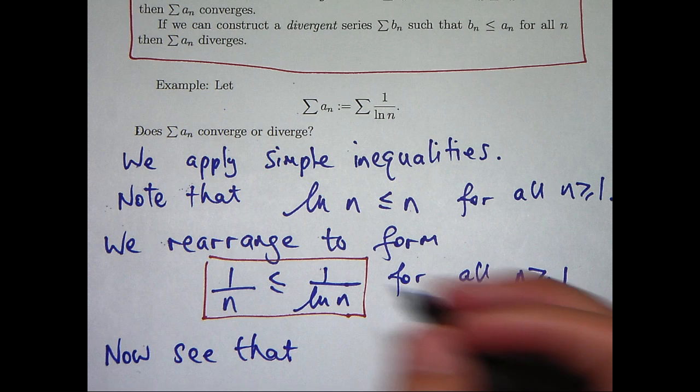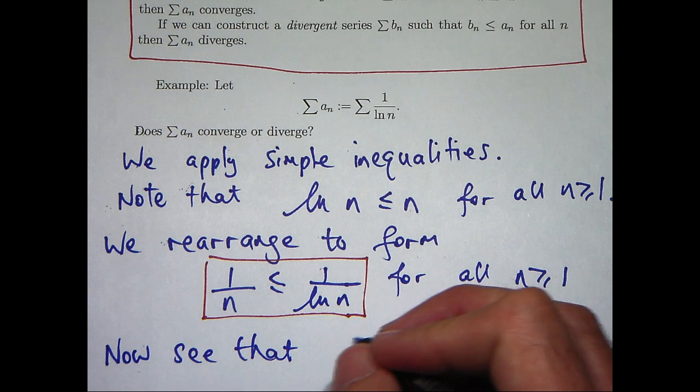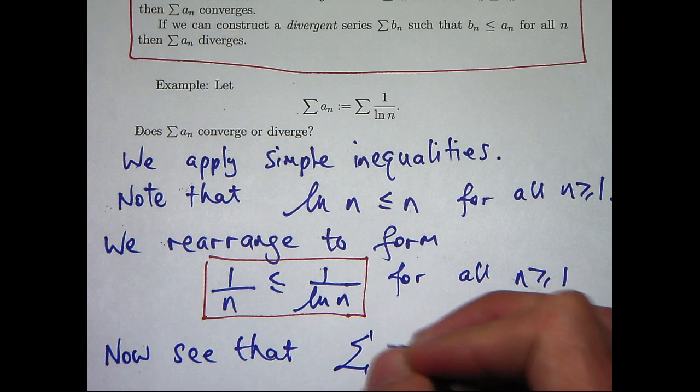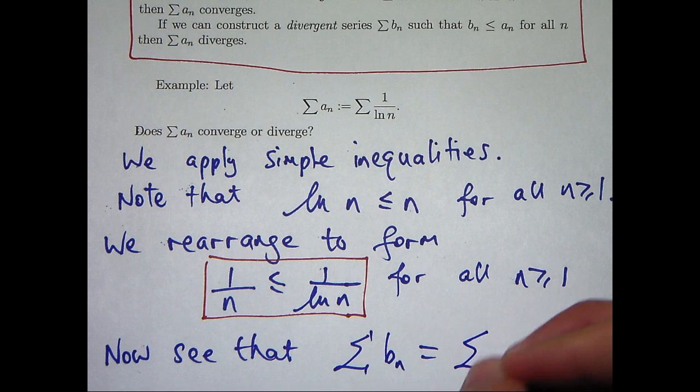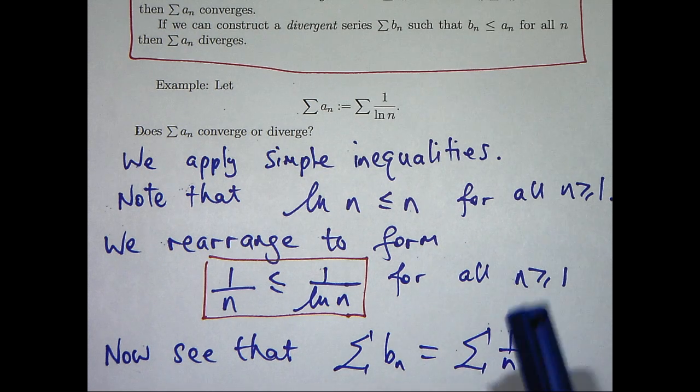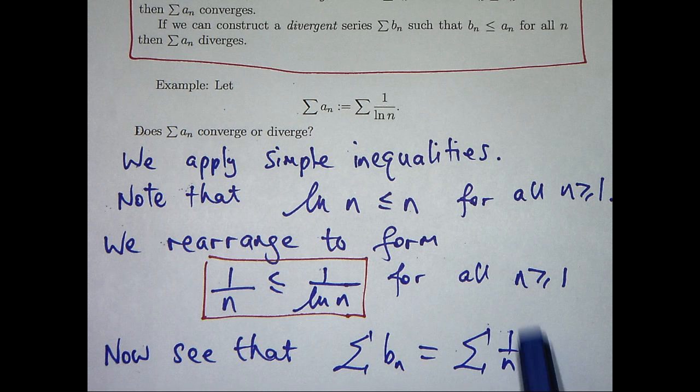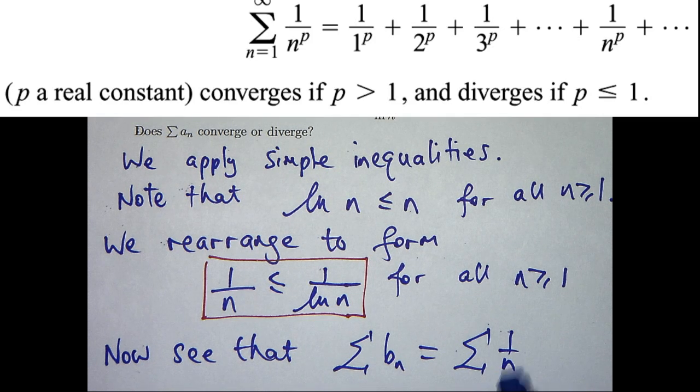So if I let bn be 1 on n, we want to know, does this diverge? Well, it's a power series, sigma 1 on n to the p, with power equal to 1.